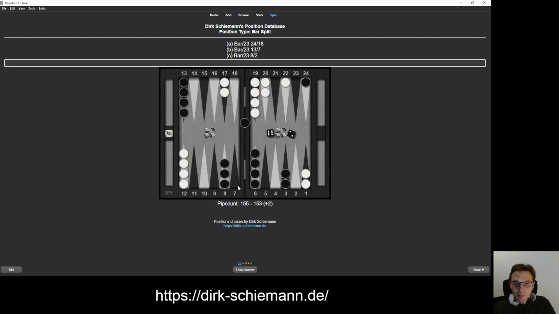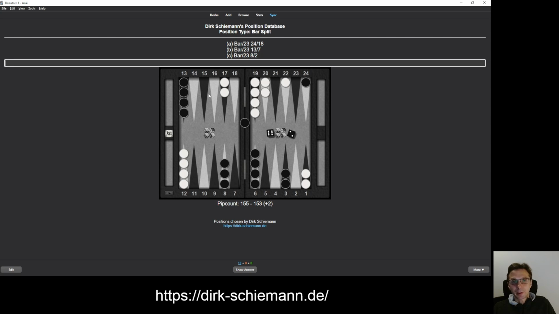Bringing a builder down to the 7 and exposing yourself to 6s that are not even duplicated could, if you get hit, put you way down in the race all of a sudden. So actually, I think in this position, probably best would be not to play a 6 at all, but since this is not allowed, you have to settle for the lesser of 2 evils.